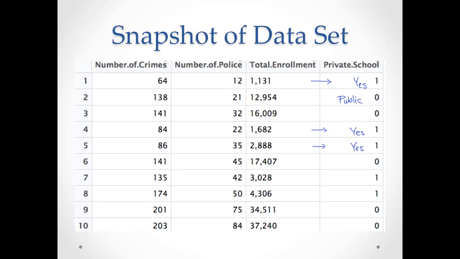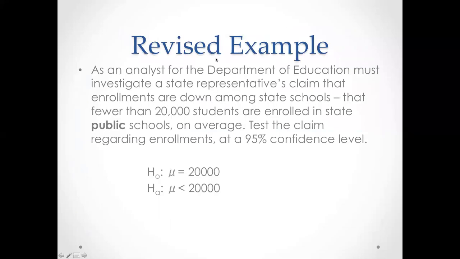So including these private schools in our analysis is distorting our result. In other words, it is diminishing the confidence we might place in our conclusion from that original t-test. So let's update our analysis so that we can be more confident in what we are concluding regarding this claim.